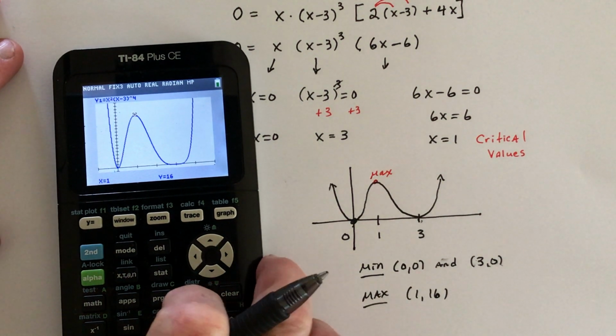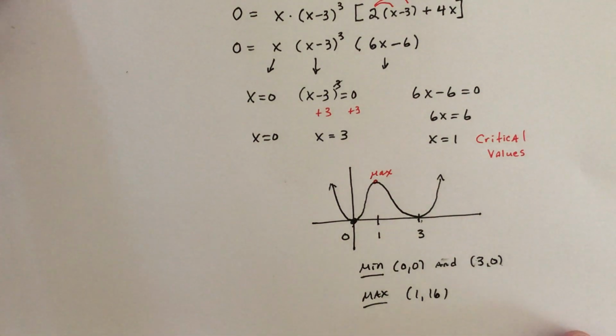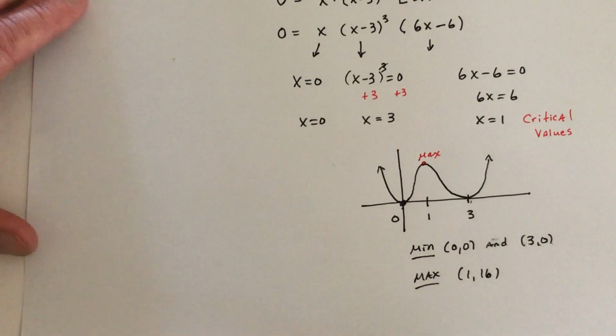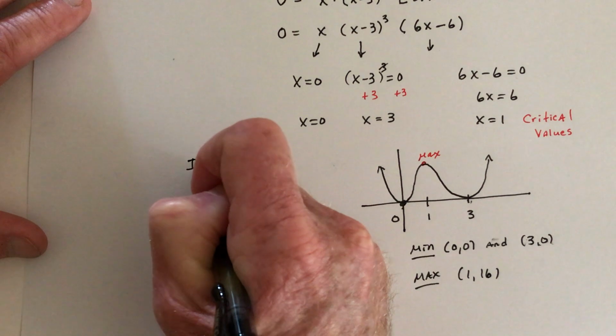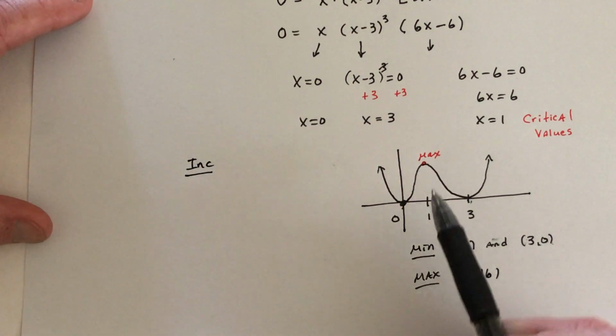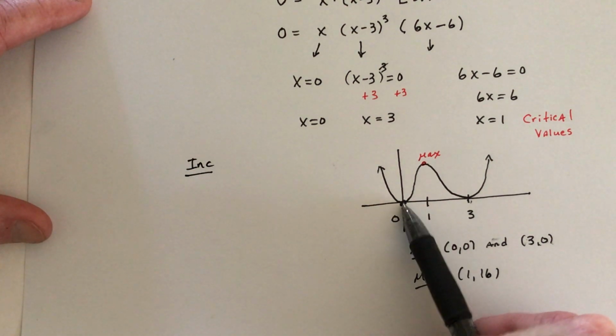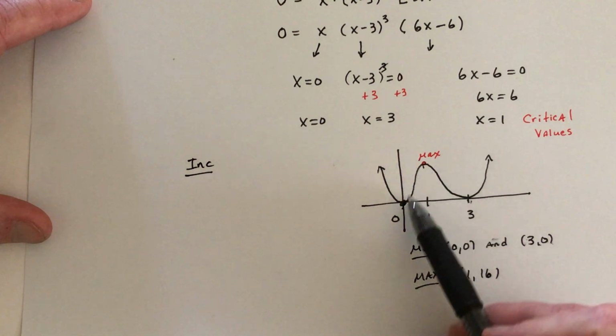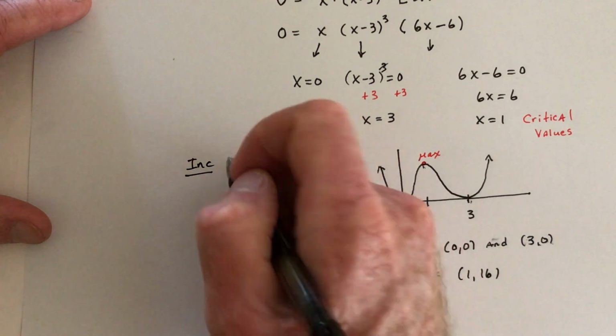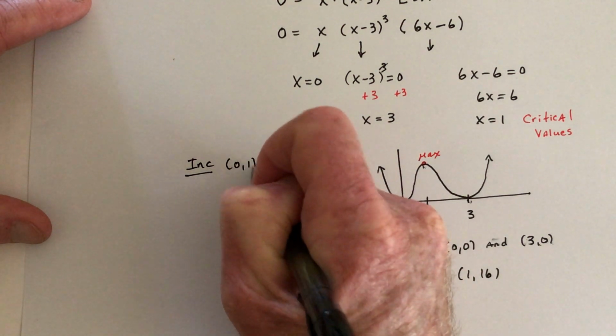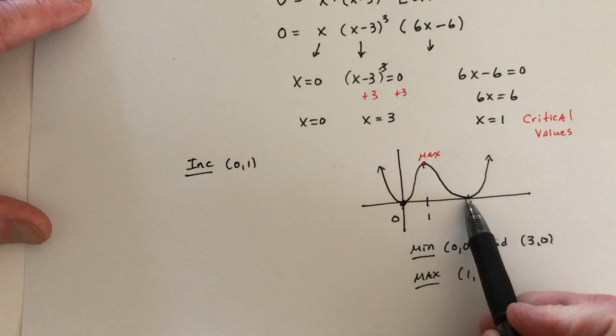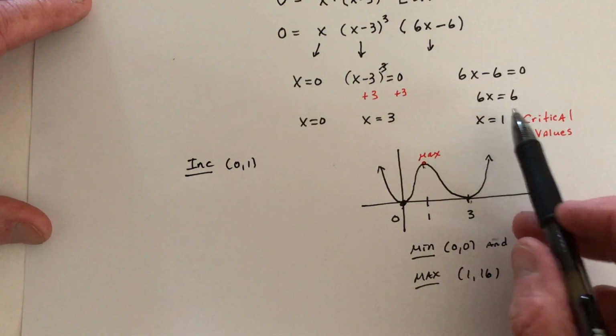All right, then the last part is, where's it increasing and where's it decreasing? So for increasing, that would be from here up to here. So that's going up or increasing between 0 and 1. And then from 3 until forever, it's going to keep increasing.